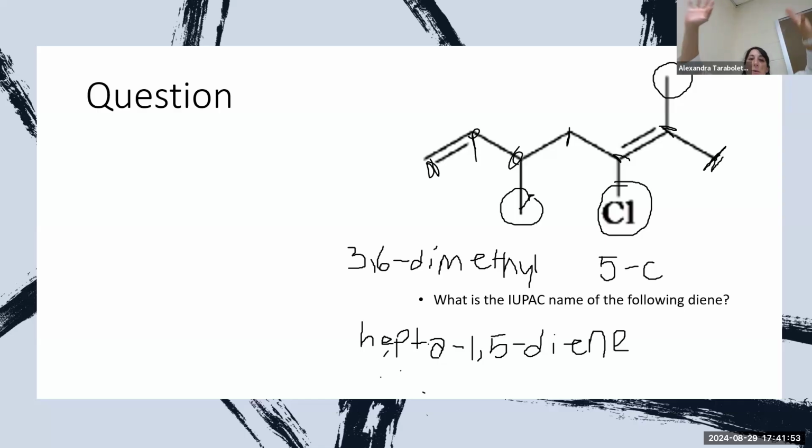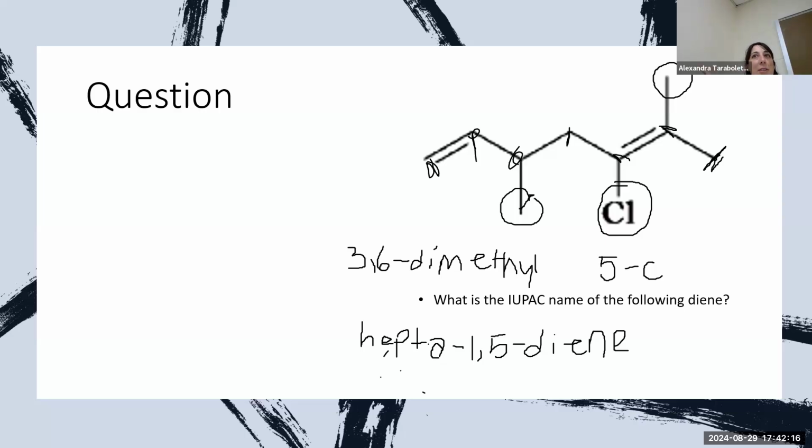Okay, these would go in front of the base name, right? And they do go in front of the base name in a certain order. What's that order? Alphabetical, right? It doesn't have anything to do with their numbers, just alphabetical. So this would be in what order? The chloro and then the methyl.